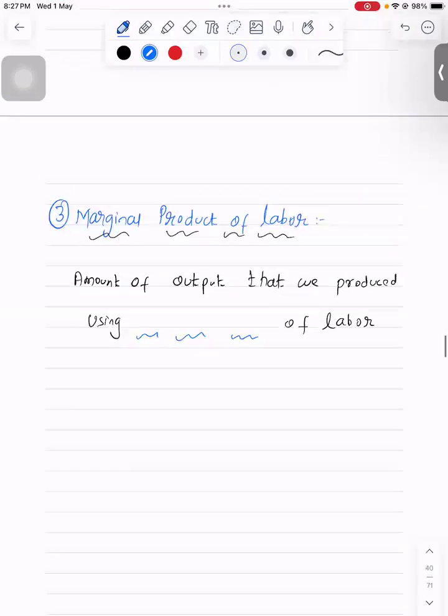Now next is marginal product. Here the word marginal basically means additional. It is the amount of output that we produce by using one more unit of labor. In the previous example, these 500 chairs are prepared by two labors.